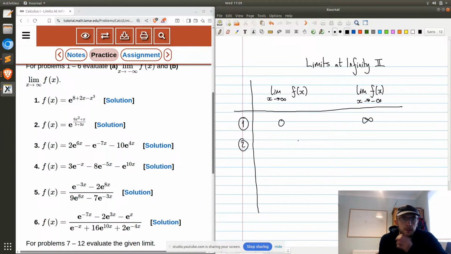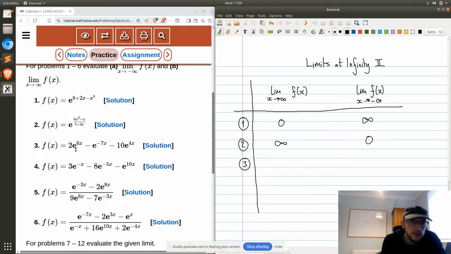For problem 2, put infinity into there. Okay, so the whole thing behaves like 2x at infinity. And then what's e to the 2 infinity? Well, it's infinity. Again, the whole thing behaves like 2x. And what's e to the negative 2 infinity? 0.